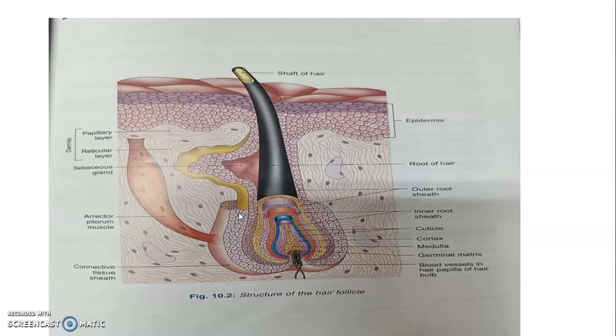The active follicle has a bulbous terminal expansion and a concavity at its bottom occupied by a connective tissue papilla. The papilla is covered by epithelial matrix cells of hair and is called the germinal matrix. This is the germinal matrix, which germinates the hair.